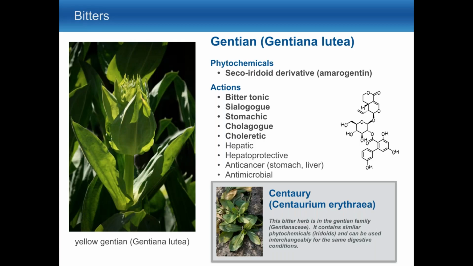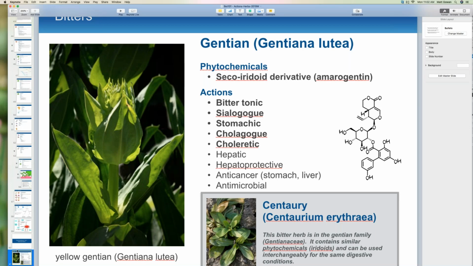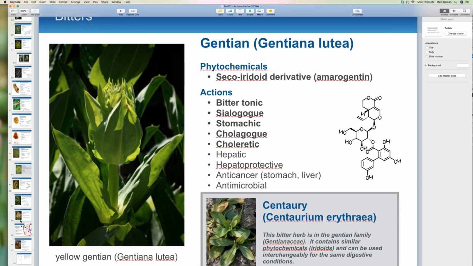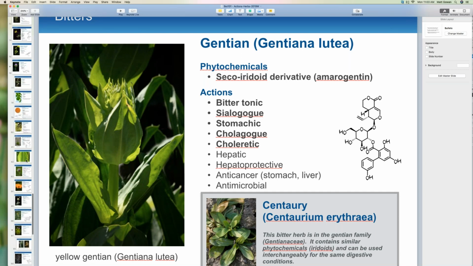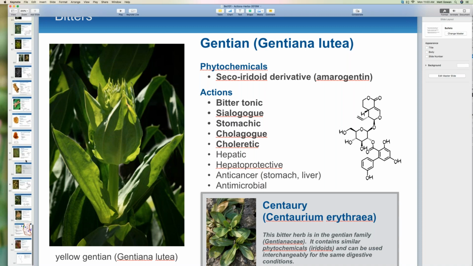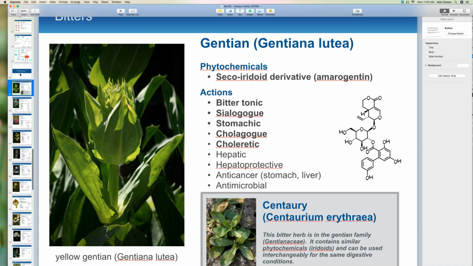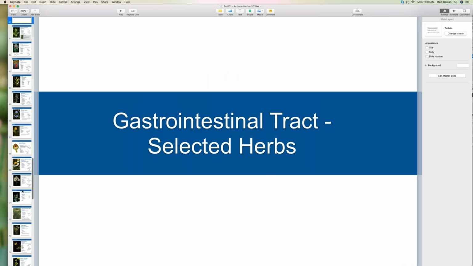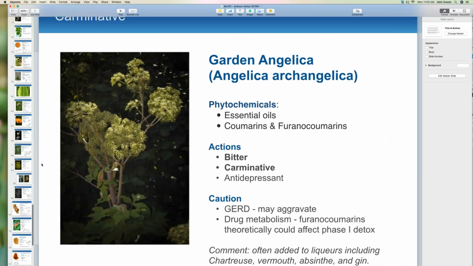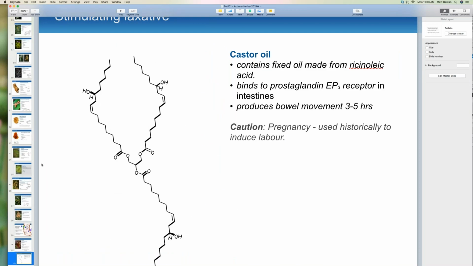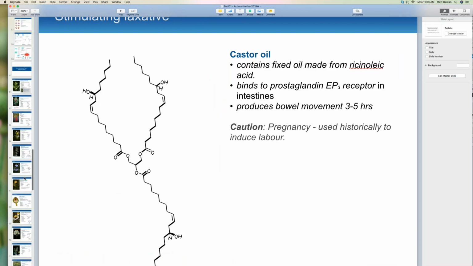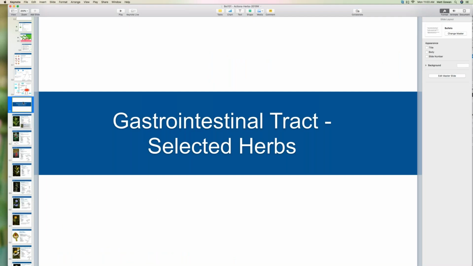For exam purposes, we will be talking about the herbs from slide 60 all the way down to slide 101 on the slides here. So everything I'm going to be talking about for the next hour, those herbs are going to be fair game to know the genus and species.